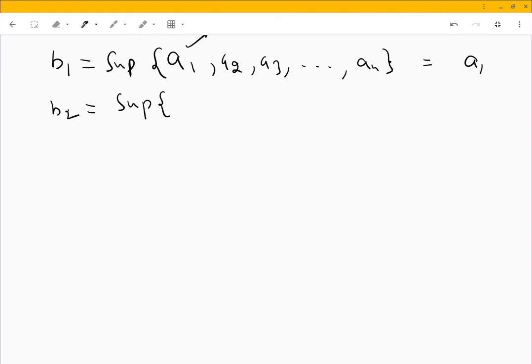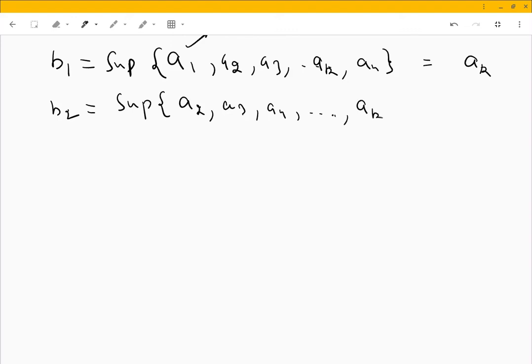Then you leave the first term. Let's take AK somewhere, AK, this was the largest, say. Then we leave the first term, A2, A3, A4.